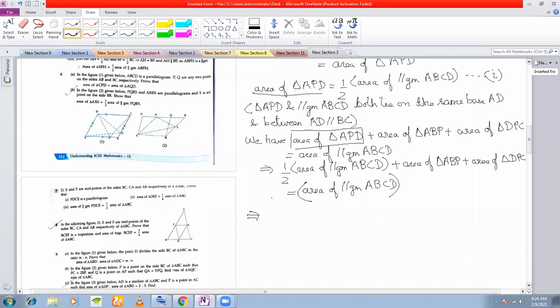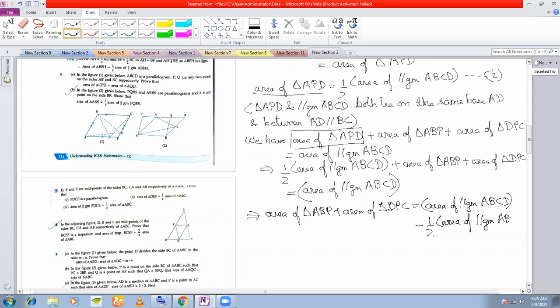So we can take this half to the other side and we can write area of triangle ABP plus area of triangle DPC is equal to area of parallelogram ABCD minus half area of parallelogram ABCD.